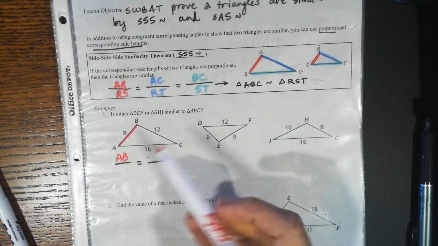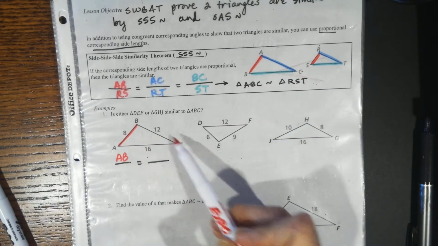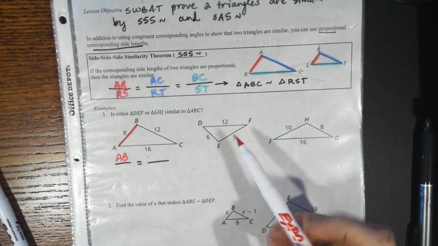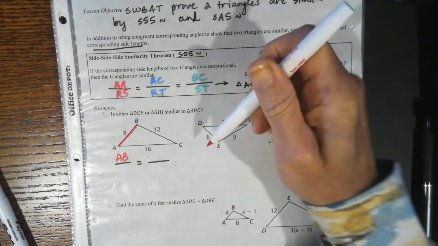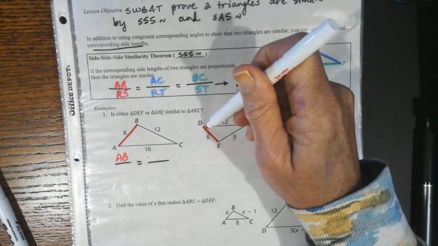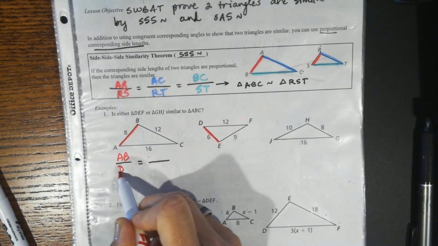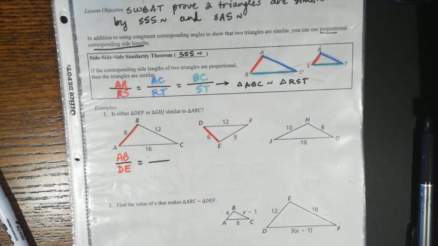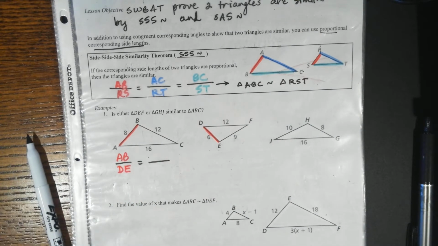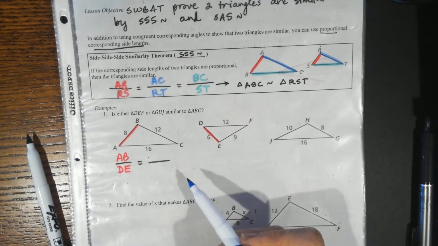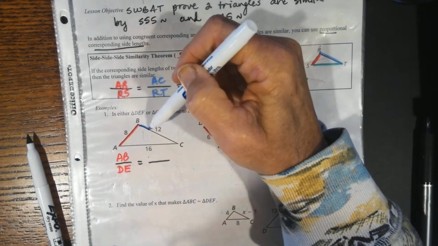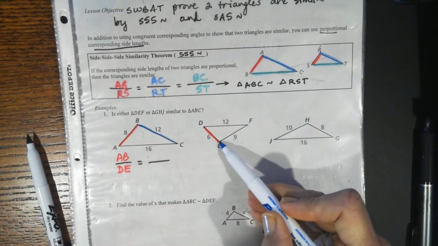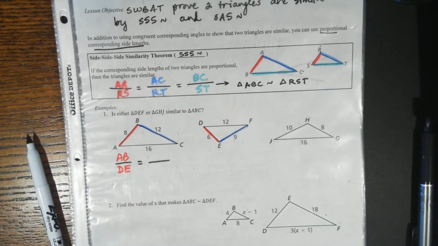And then second of all, see how 8 is shorter than 12? Well, this one is 6, so it's shorter than 9. So really the one that this corresponds to is this here. So I need to see if these correspond, and then this would correspond to this one, the other slanted one.